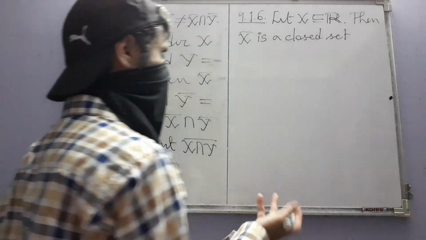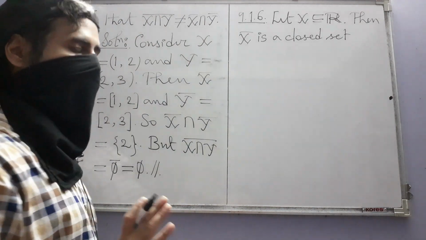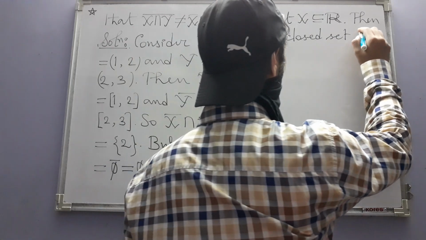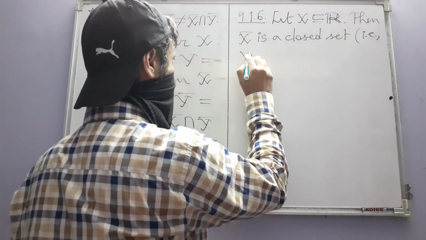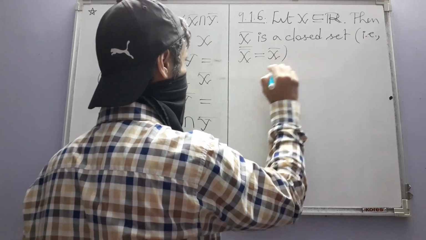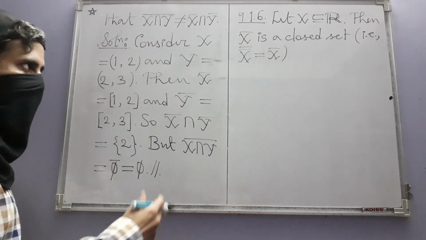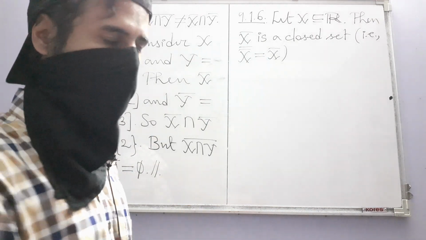The closure itself is also a subset of R. So as a subset of R, it's a closed set, which means that its own closure is equal to itself. In fact, this is the identity that we have used in that first solution.